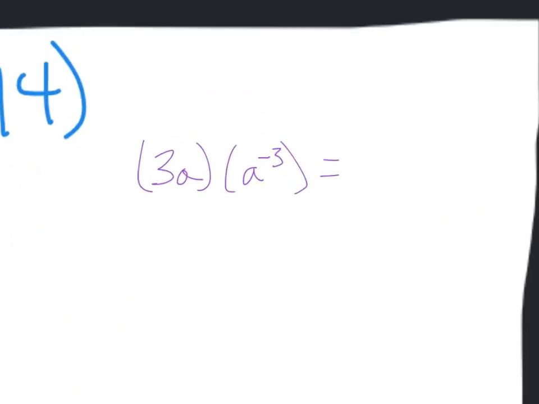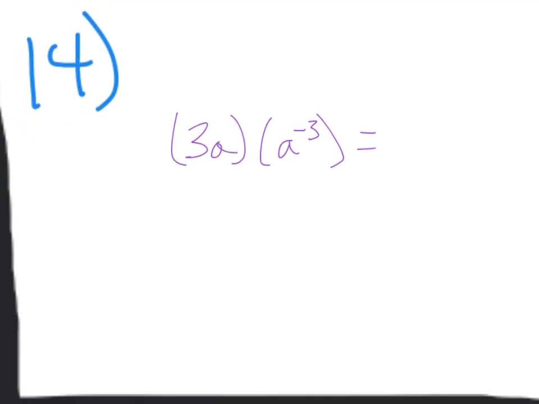Number 14. Number 14 is actually a little bit tricky, not too bad. So remember, if a number does not have an exponent next to it, there's always an understood 1. So we can put a 1 next to the 3, 1 next to the a, and then we can do our multiplication. We're doing 3a times a to the negative 3. We can also put a 1 in front of this a.